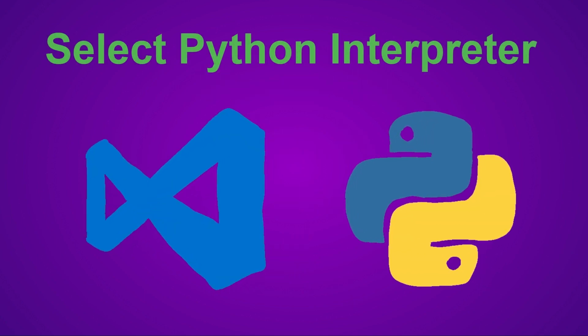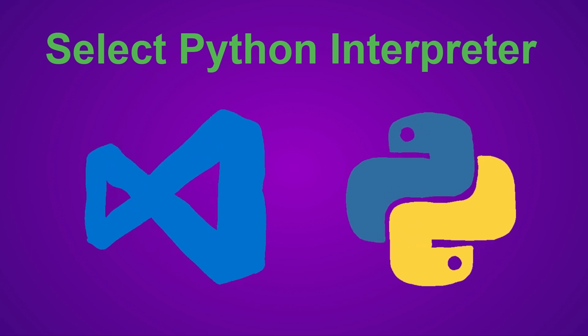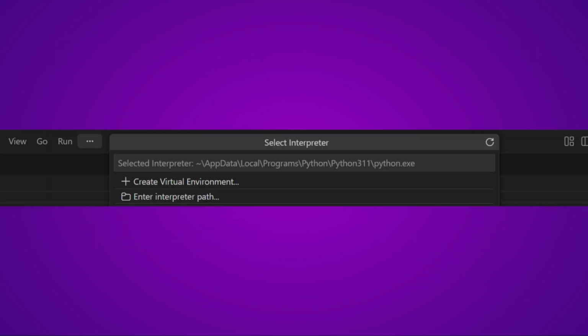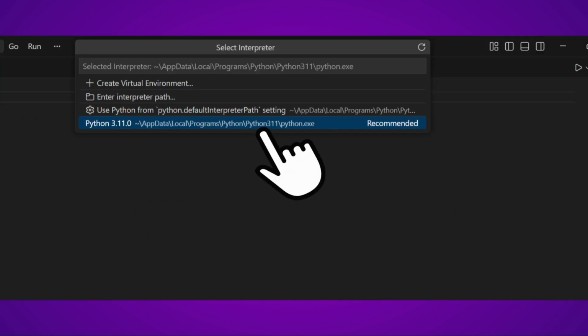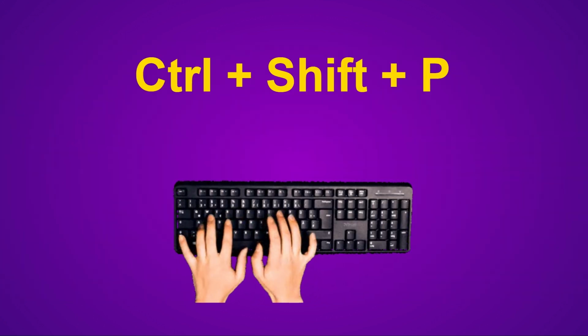Now we need to select the Python interpreter. Look at the bottom left corner of VS Code. You will see the Python version. Click on it to select an interpreter. If you don't see it, press Ctrl Shift P to open the command palette.